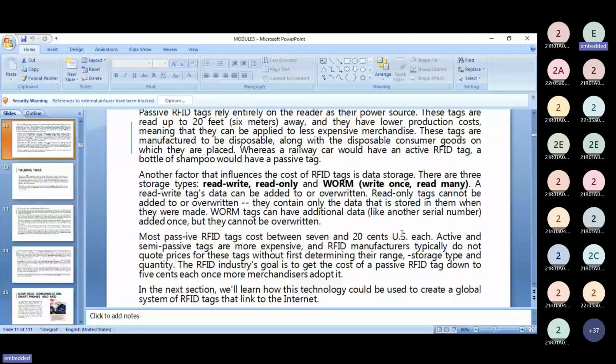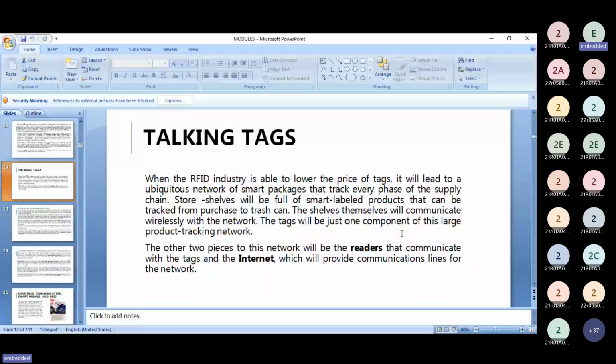So here you can see, when the RFID industry is able to lower the prices of tags, it will lead to a ubiquitous network of smart packages that track every phase of the supply chain. Store shelves will be full of smart labeled products that can be tracked from purchase to trash can.